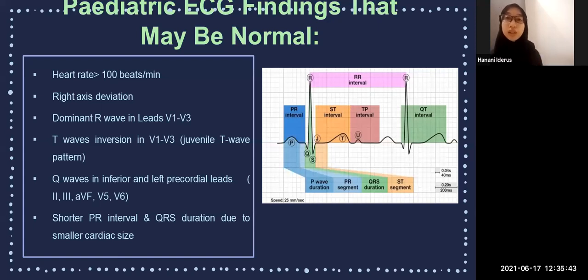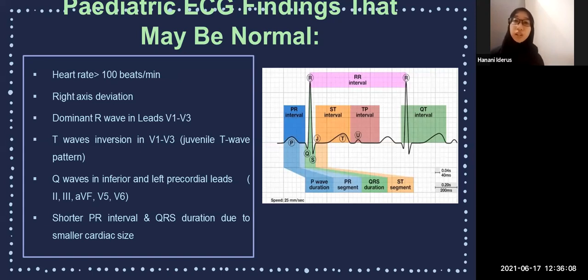For example, the normal heart rate in adults is 60 to 100 beats per minute, right? But in pediatrics, a heart rate of more than 100 beats per minute can be normal, because from the neonates onward, the heart rate is much higher than in adults.